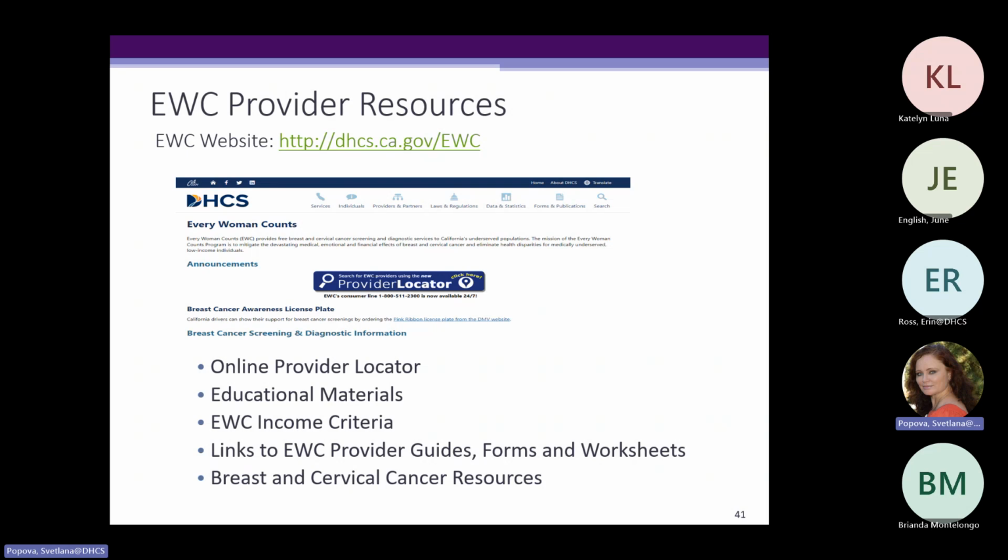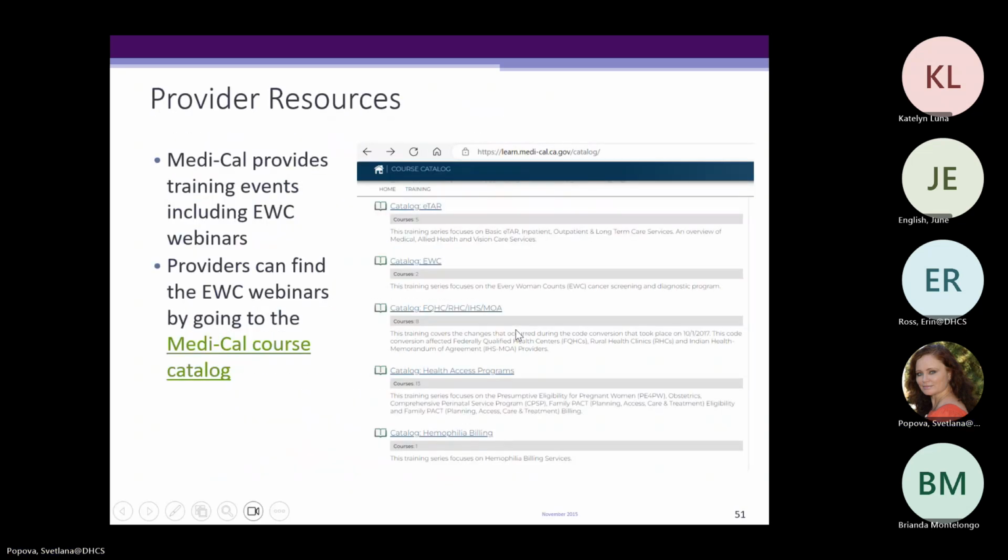But one of the major things there is that it has the provider locator, it has educational materials that were developed by EWC. It also has income criteria so patients can quickly look at the table for the income criteria, and it also has links to our guides, forms, and other breast and cervical cancer resources.